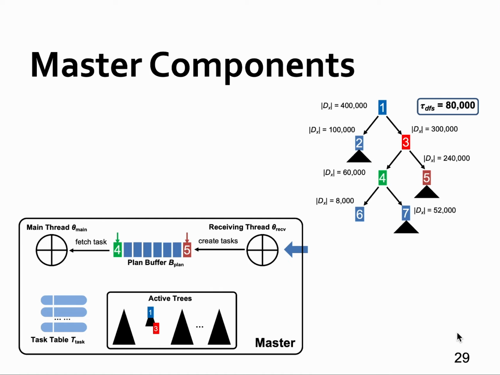Since node 4 has 60,000 rows, which is below the 80,000 threshold, it should be scheduled in DFS order and is thus put to the front of the pending task buffer. In contrast, node 5 has 240,000 rows. It is scheduled in BFS order and thus appended to the tail of the pending task buffer.